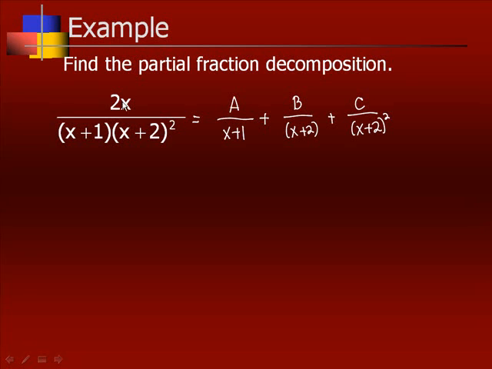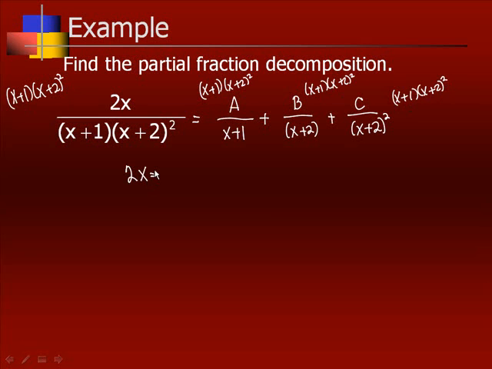So when we go through and multiply both sides by the LCD, which is x plus 1 times x plus 2 squared, then we distribute it on this side. It's x plus 1 times x plus 2 squared for every piece. On the first side, the denominator cancels and we're only left with 2x.